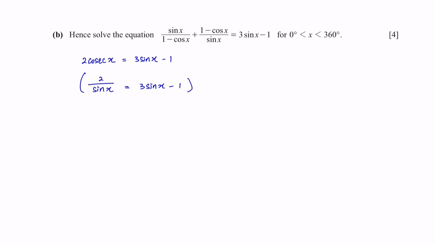So we multiply the whole equation by sine x. So we have 2 equals 3 sine square x minus sine x, and 3 sine square x minus sine x minus 2 equals 0 would be our new quadratic equation.